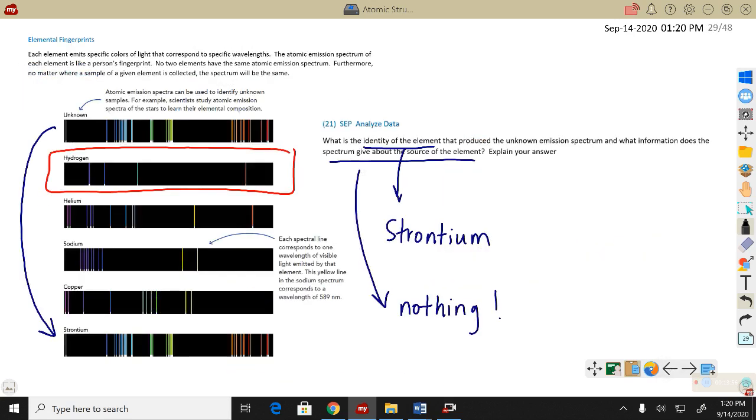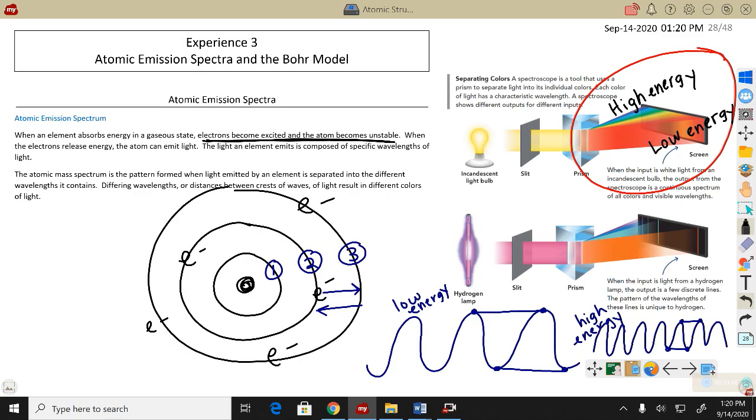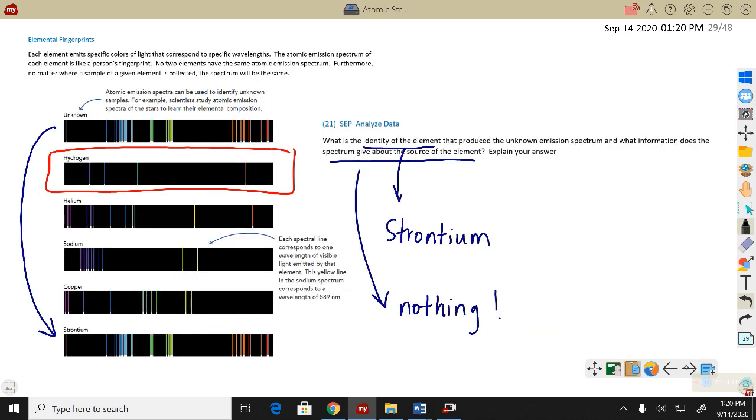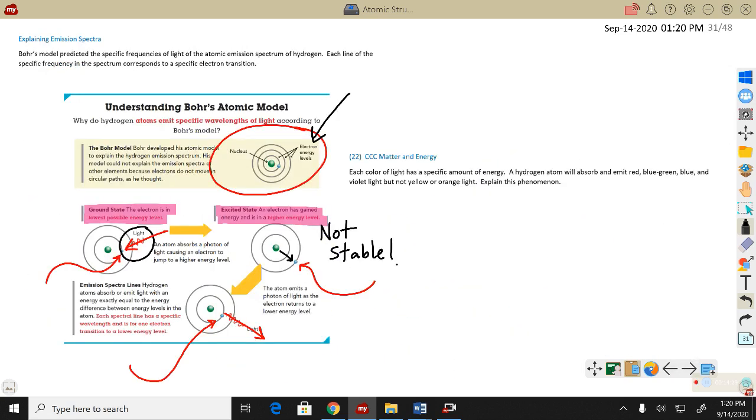And so if we go backwards again to this picture, here in the middle was the emission spectrum for hydrogen, or the picture of light coming out of this tube. And I'll show you some of these emission tubes. But there is no yellow, or I guess orange, if we say that last one is reddish. And so they want us to explain why aren't we getting any yellow or orange?